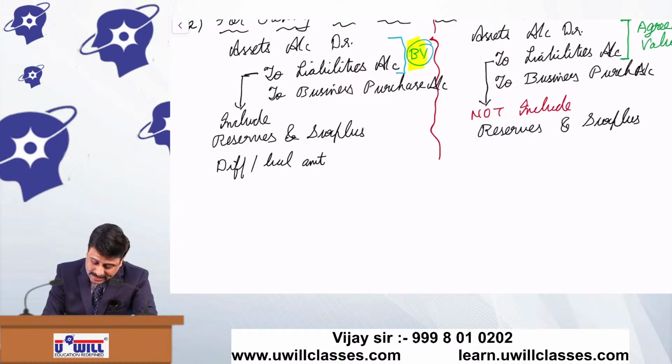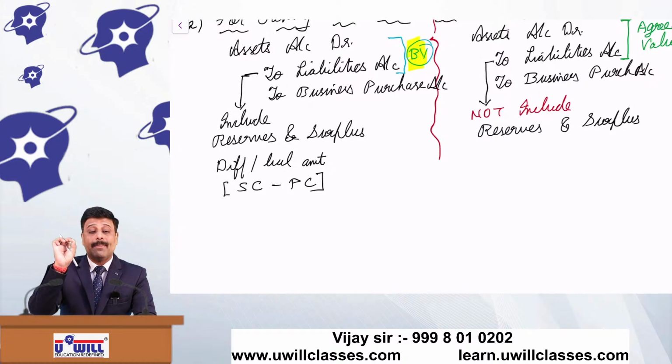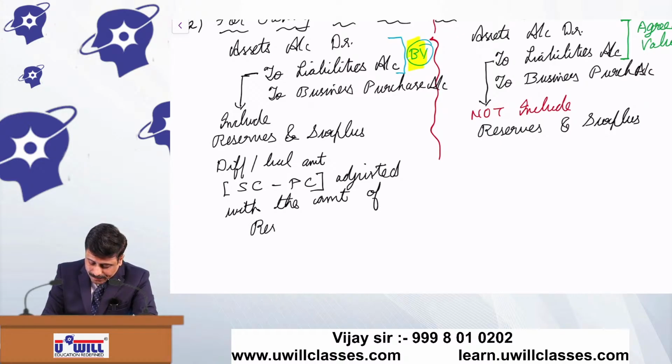particularly you can say the difference between share capital minus purchase consideration, whatever is the difference between share capital minus purchase consideration will be adjusted with the amount of reserves and surplus.